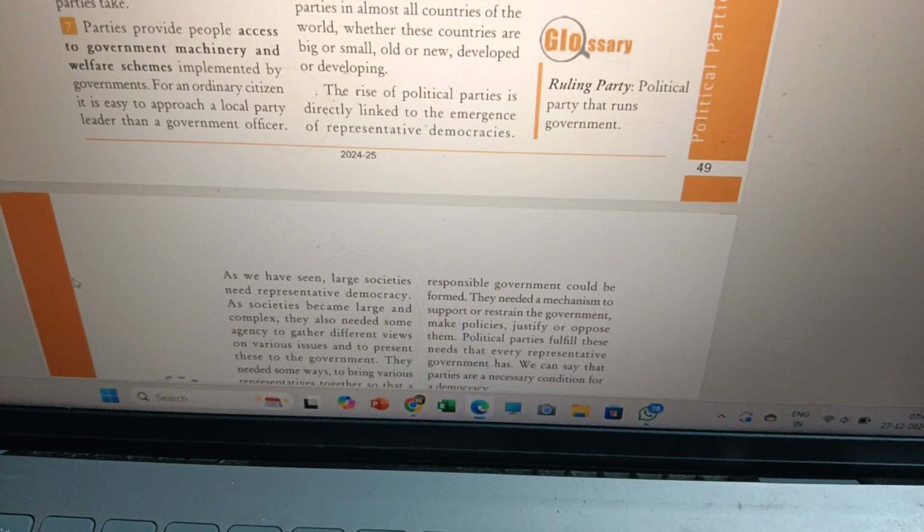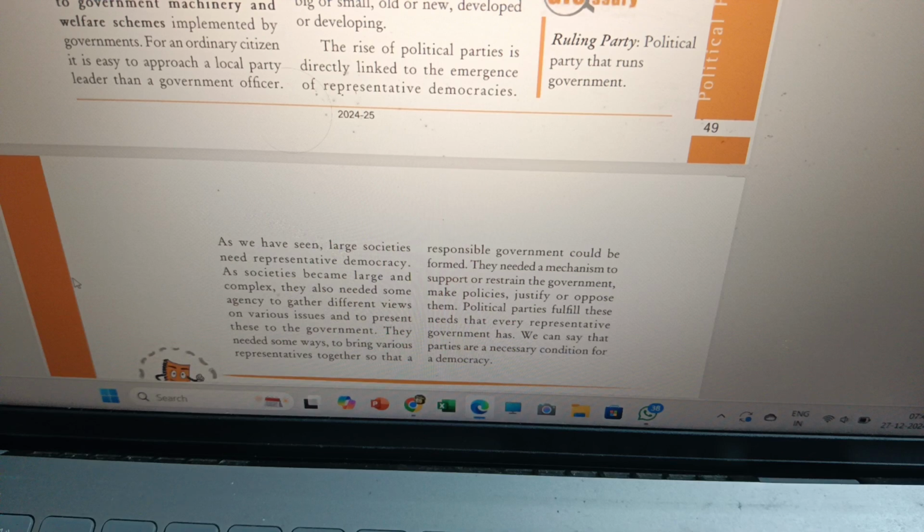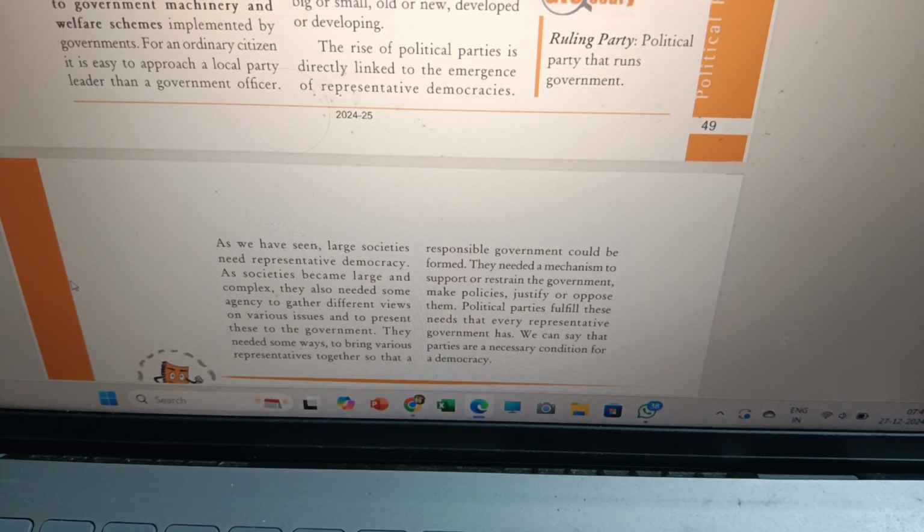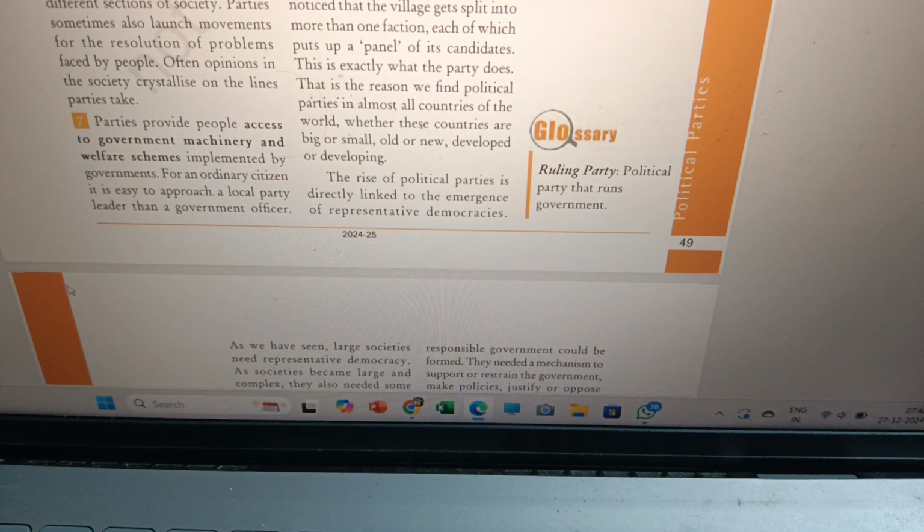Then, seventh point: parties provide people access to government machinery and welfare schemes implemented by the government, because for an ordinary citizen it is easier to approach a local party leader than a government officer.